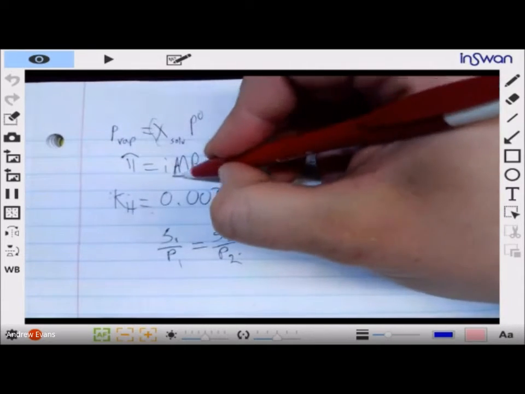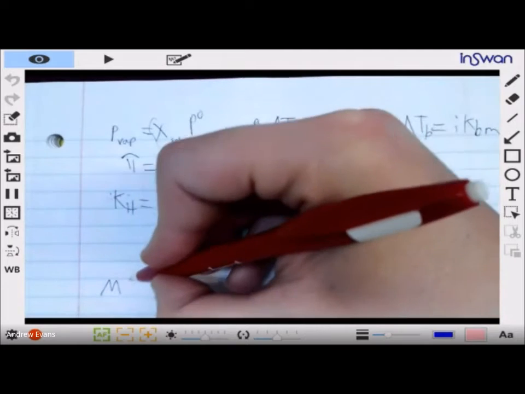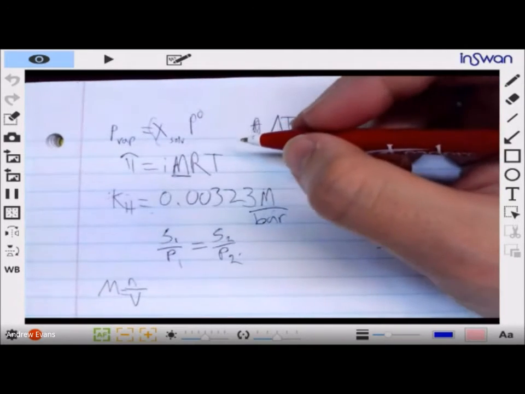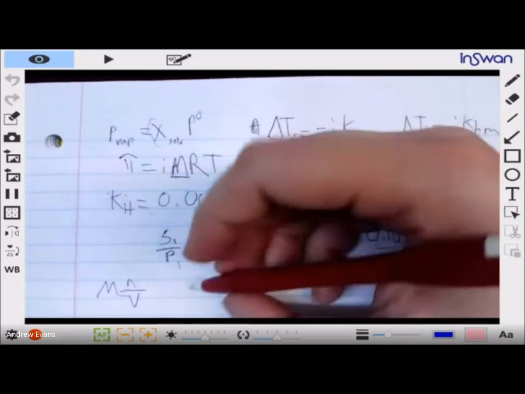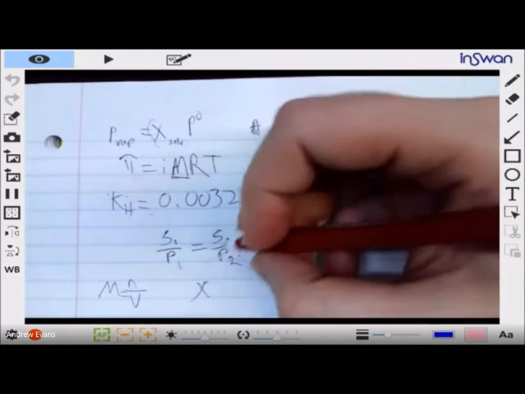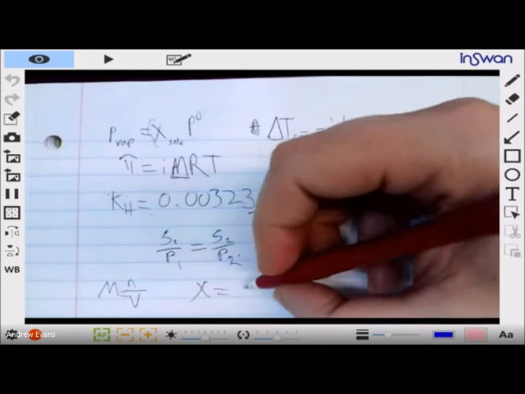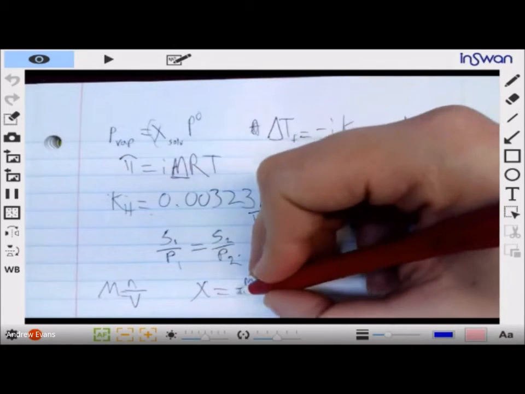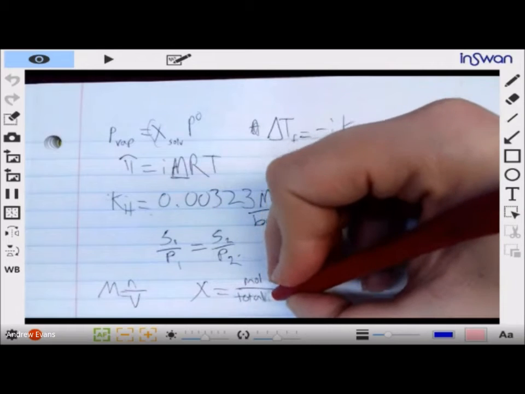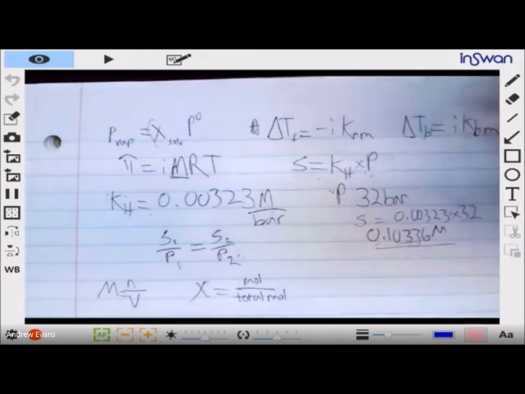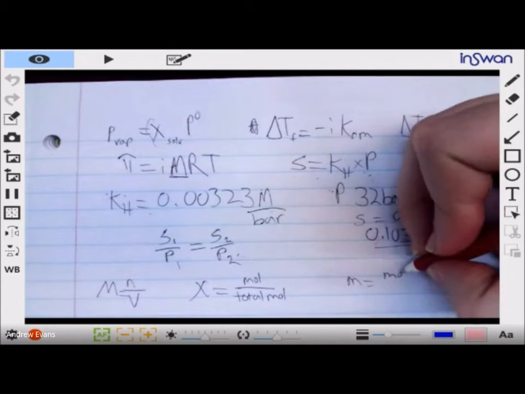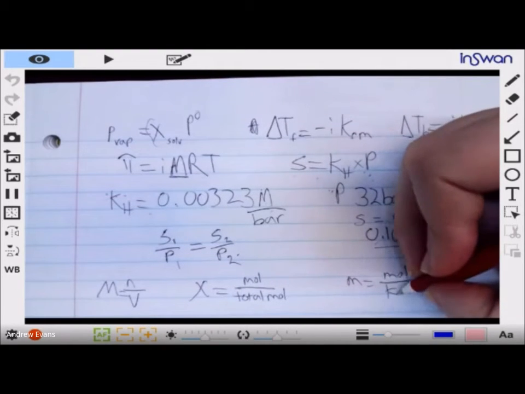We know M is just, remember, moles over liters. So that's easy. But X is mole fraction, which would be moles of whatever we're looking at over total moles. And m, the molality, is moles of solute over kilograms of solvent.